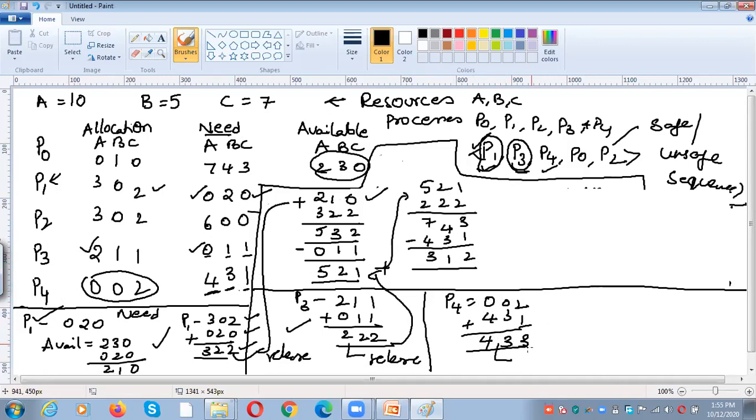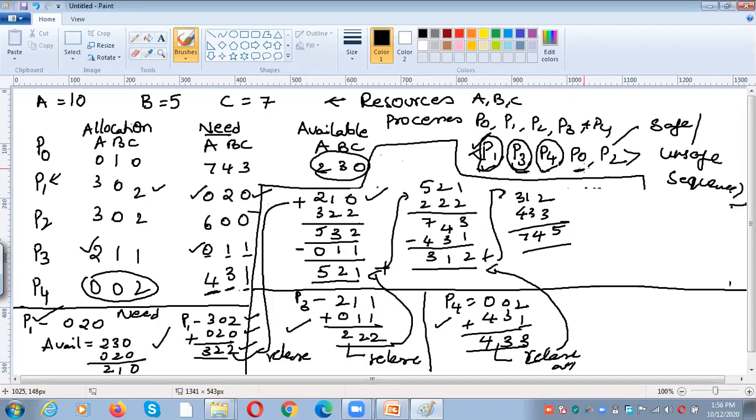So it completes its execution and releases all the resources. Those released resources are added to the 3 1 2. So what will be the value? 3 1 2 plus 4 3 3 gives 7, 4, and then 5. 7 4 5. Okay, these are the available resources. So P1 completed, P3 completed, P4 completed.